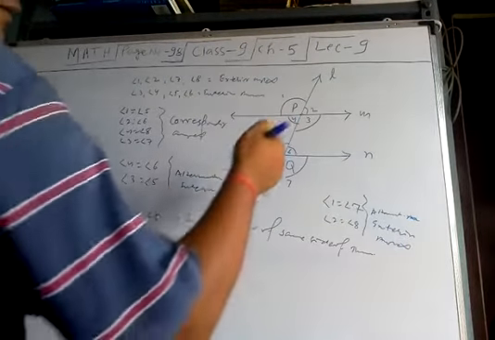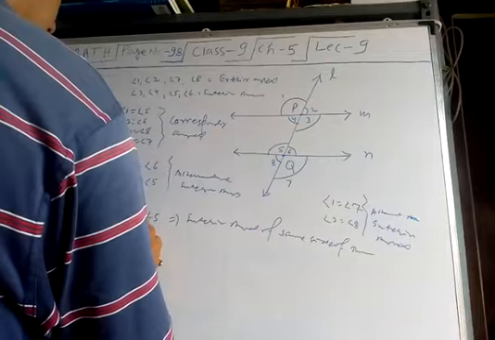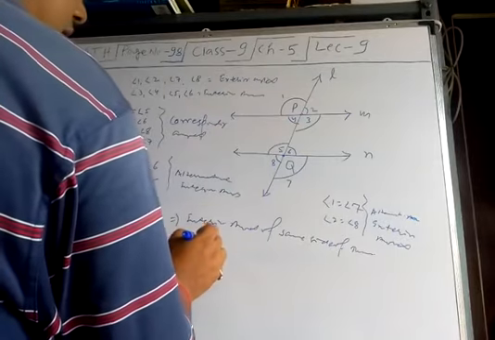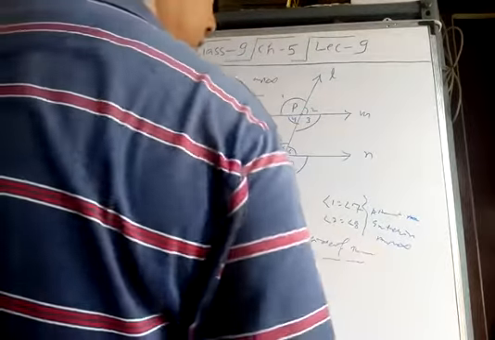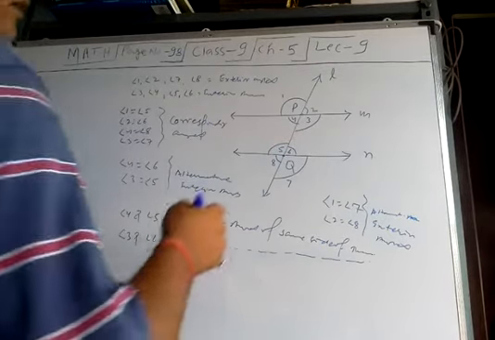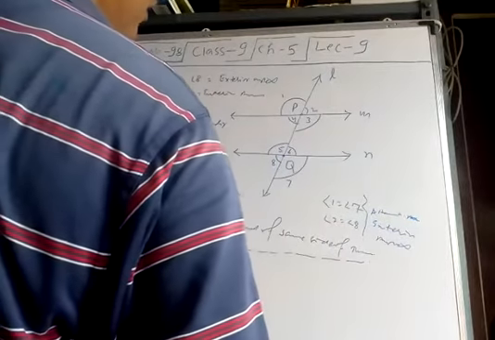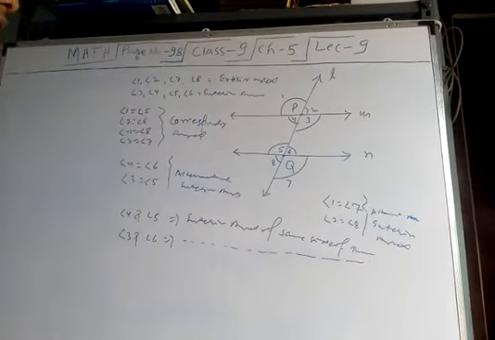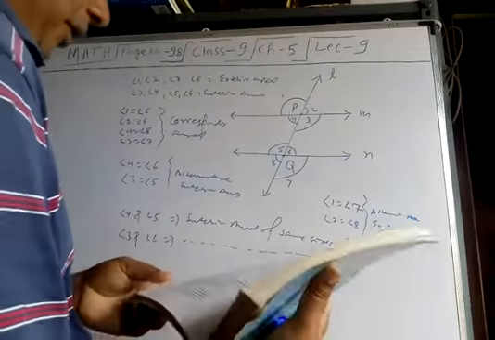And again 3 and 6 are also interior angles on the same side of the transversal. So these are the angles formed when two lines M and N are intersected by a line L at the points P and Q.